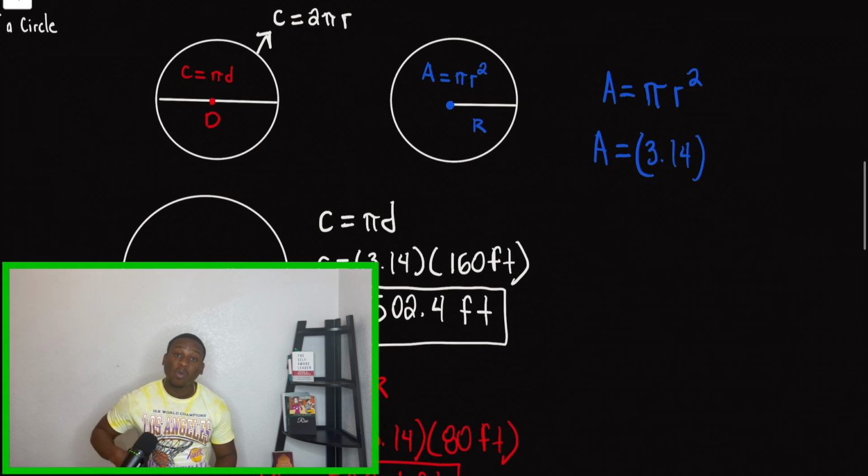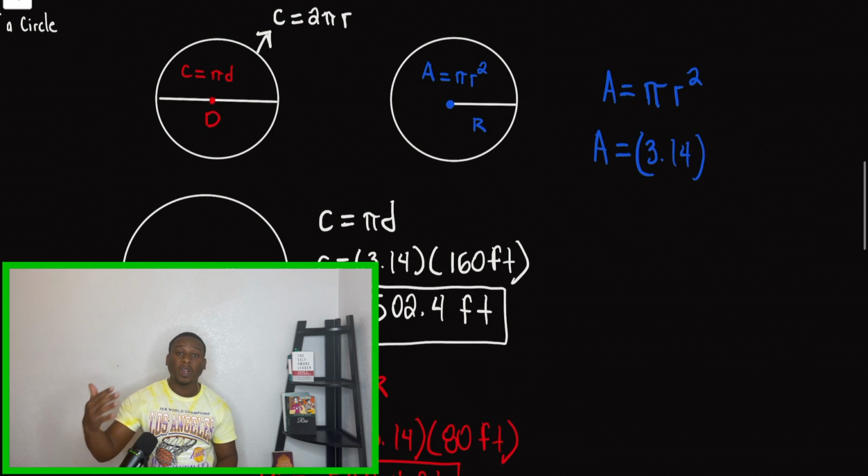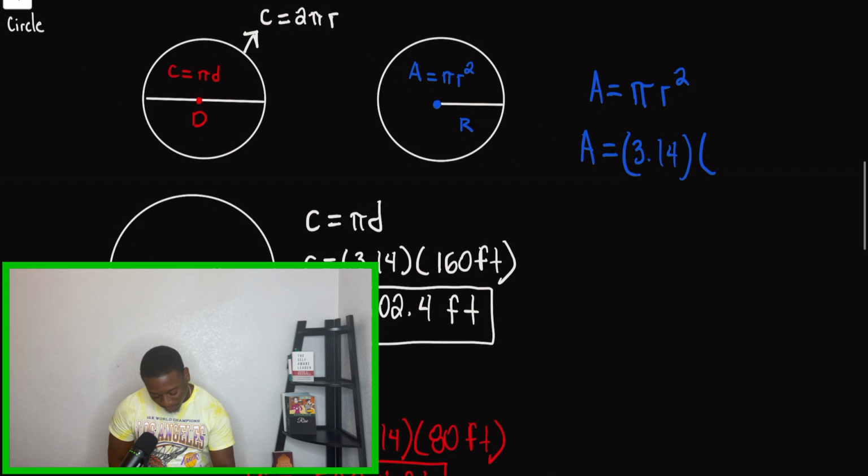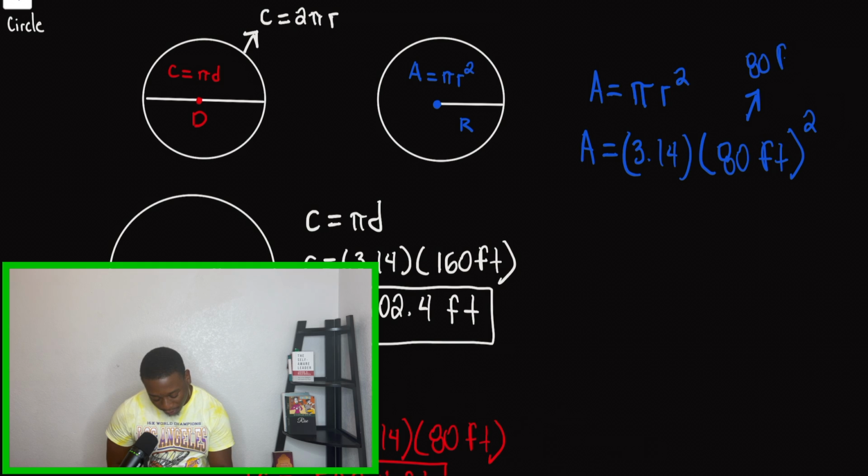So when we're solving for area now, this is the key part when we're substituting in for the radius. And what happens is a lot of students mistake that exponent to multiply by 2. But just remember that when we're talking about this radius, right, we're going to square it. So what that means is we're going to do 80 feet times 80 feet.